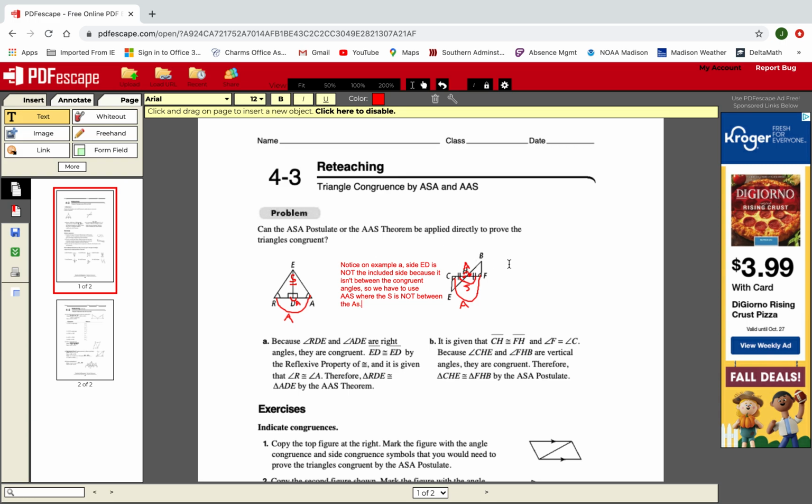Whereas on example B, notice that sides CH and FH are the included sides because they are between the congruent angles.